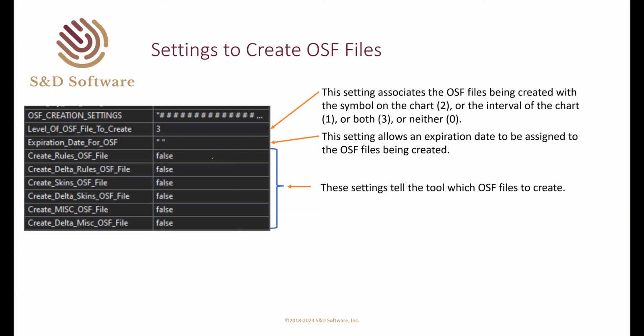And then over here, we have our settings that tell the tool what to create. And these files will be created in the directory that you use for reading OSF files from. We specified that in the last slide, the first setting on the last slide.